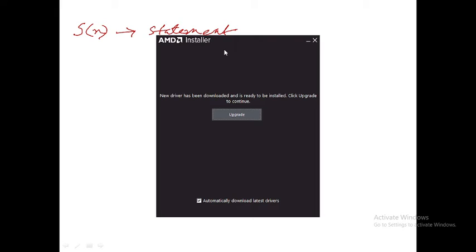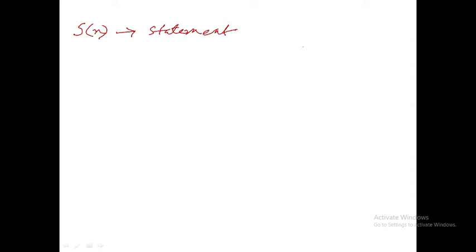Say 1 plus 2 plus 3 plus 4 plus dot dot dot equals n into n plus 1 divided by 2.